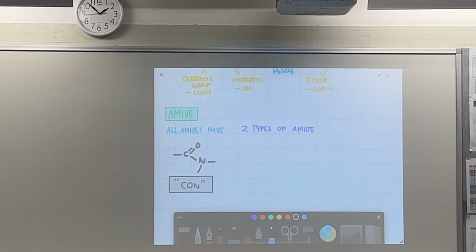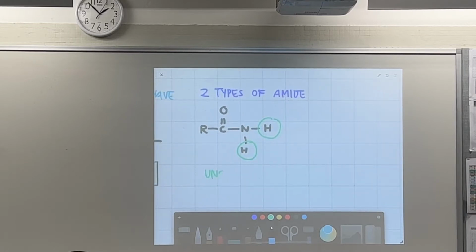But then there are 2 types of amide, depending on what gets connected to the con group. Okay, you can have R, C double bond O, and N with two Hs. We call this an unsubstituted amide. Yeah, unsubstituted, because on these two positions, there are no alkyl groups, okay? So when you substitute the hydrogen with an alkyl group, we call them substituted amide.